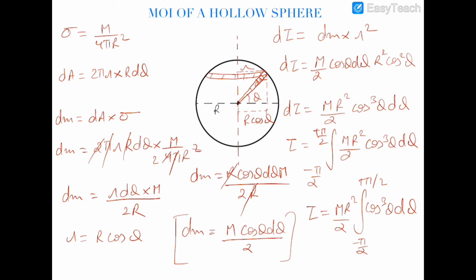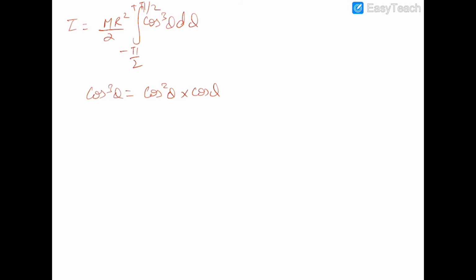Now I am again writing it m r square by 2, and this is cos cube theta d theta, limit is minus pi by 2 to plus pi by 2. Now we can split this cos cube theta into cos square theta into cos theta, and we can write down this cos square theta as 1 minus sine square theta.